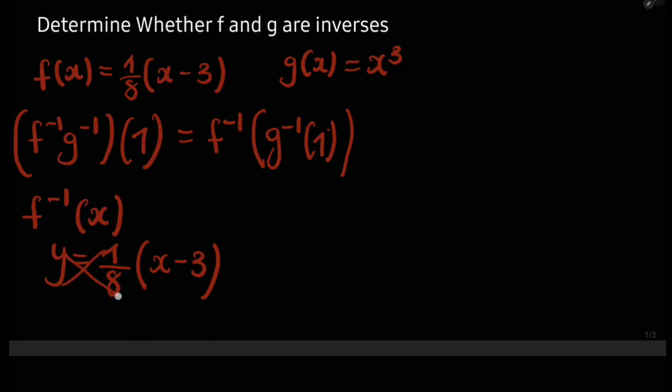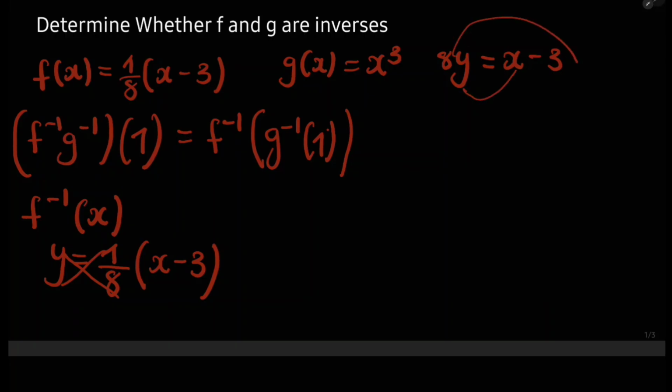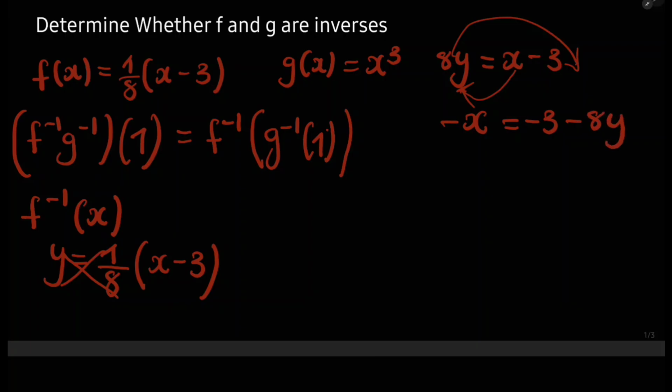So here we're going to cross multiply and we're going to have 8y equal to x minus 3. So this is what we have. But remember we want to make x the subject of the formula. So we are going to take x this way and take y this other way. So from here we are going to have minus x equal to minus 3 minus 8y.